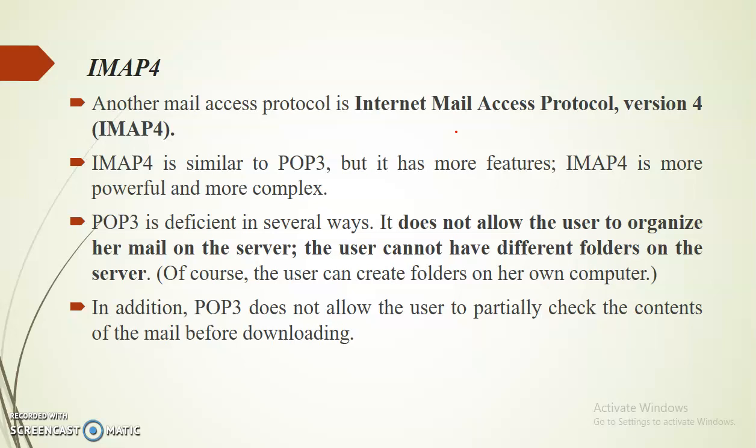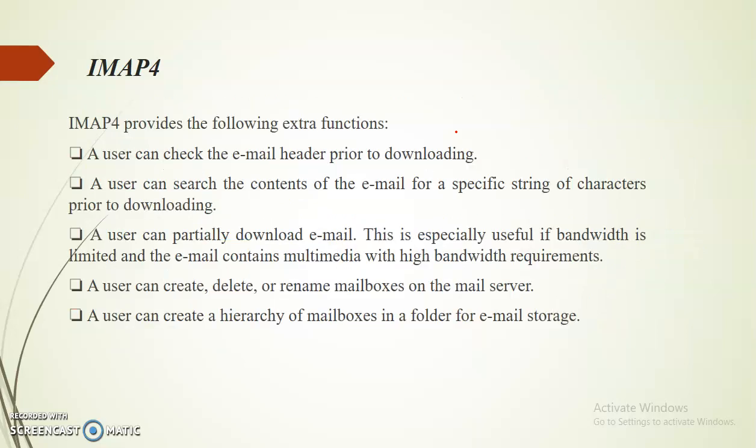You can create folders, you can check the messages before downloading them. Whenever we see the mail, we can judge through the header, and we can search the mailbox without downloading it. We directly access the mailbox on the mail server.